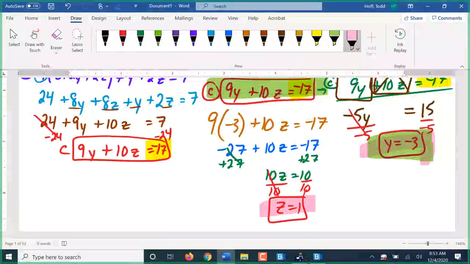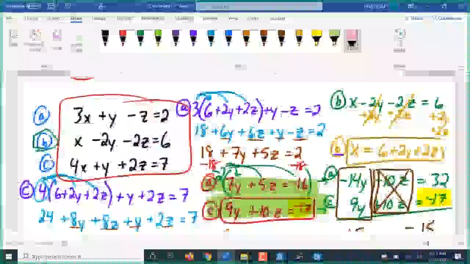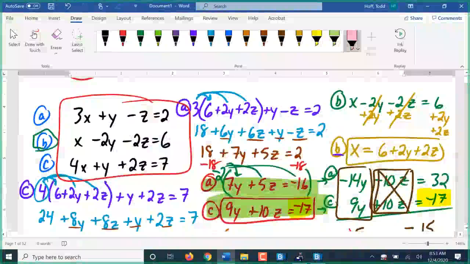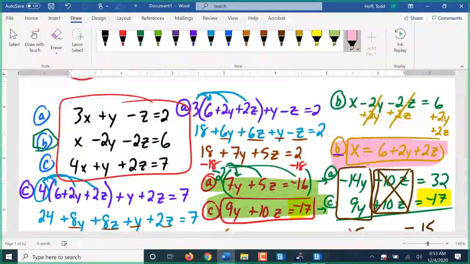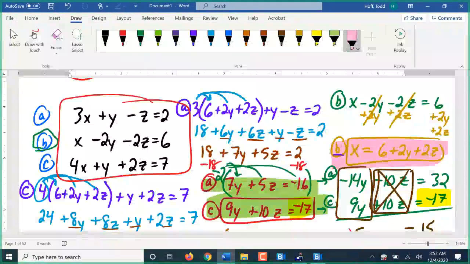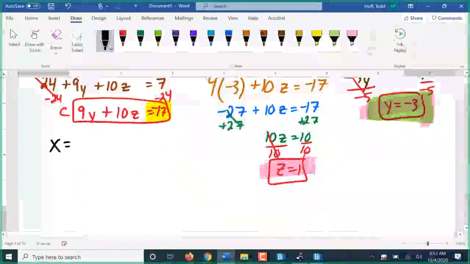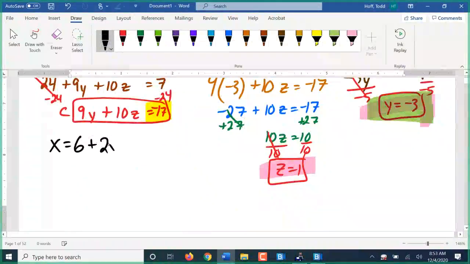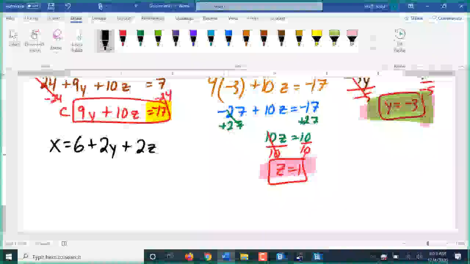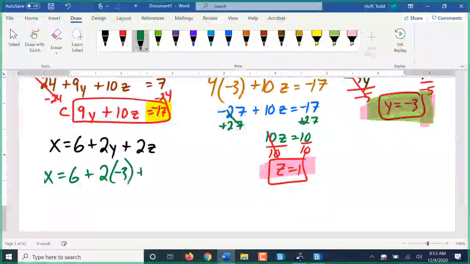Now that we have two of the variables, we have the y and we have the z, we go back to one of the original equations to find x. The one I'm going to use, since we did substitution, the big advantage is we should have one equation already solved for that variable we're looking for. And we do equation B, we solved it for x. So I have x equals 6 plus 2y plus 2z. I will put in negative 3 for y and 1 for z.